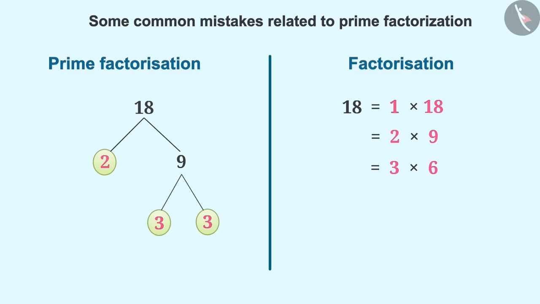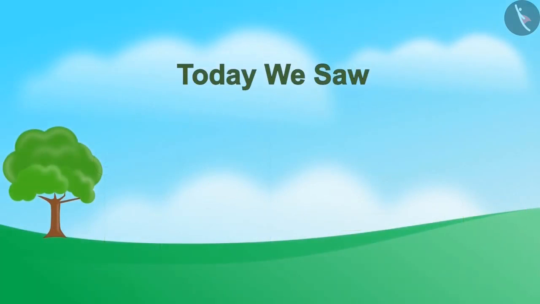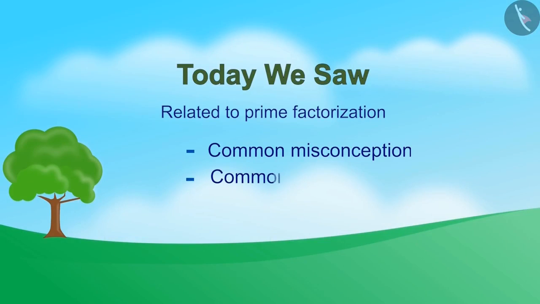For a clear understanding, it is important to know the difference between factorization and prime factorization. Factors obtained by factorization method can consist of both prime and composite numbers. But the factors obtained by the prime factorization method can only be prime numbers. Today we saw some common misconceptions and mistakes related to prime factorization.